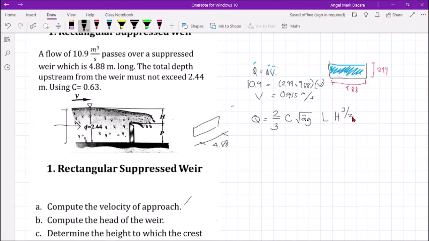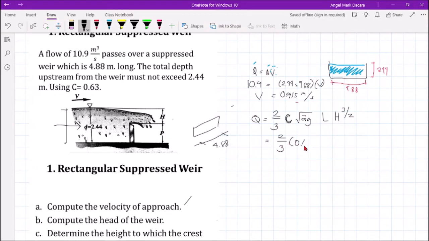If the given value of C is low, like 0.6 or 0.7, then we use that value to substitute for this letter C. However, if the given C is higher, like 1.85 or 1.83, in that range, then use that value to replace this whole factor. So it depends on the given, because it depends on how the book interprets it. Since the given is low, we substitute it here.